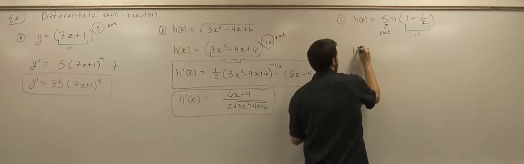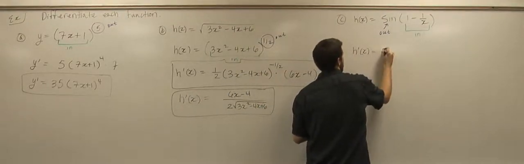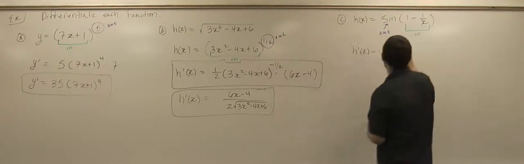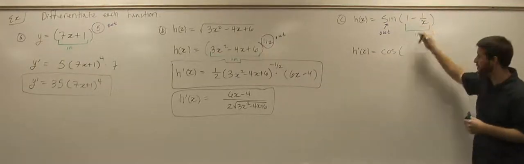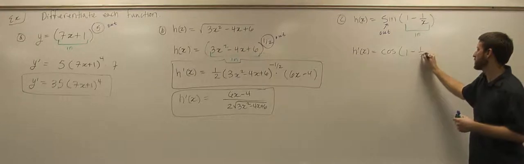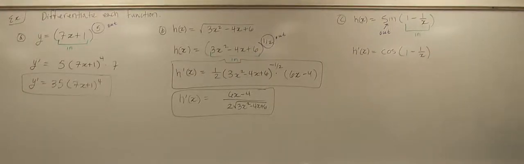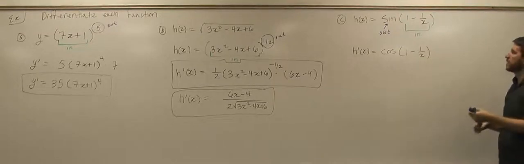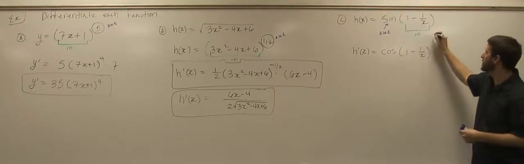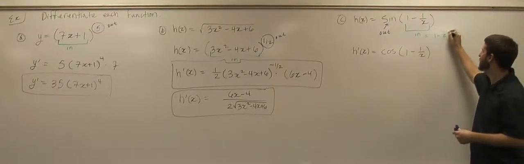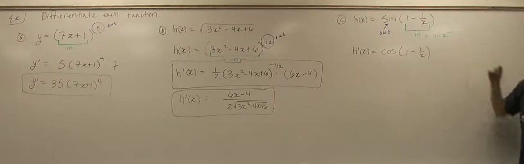So h prime of x will equal cosine of 1 minus 1 over x, keeping this exactly the same, times the derivative of the inside. You're going to have to rewrite the inside as 1 minus x to the negative 1, so that you can use your power rule.